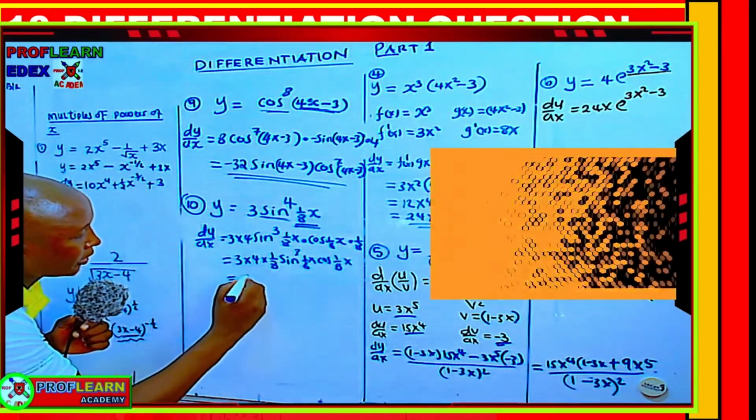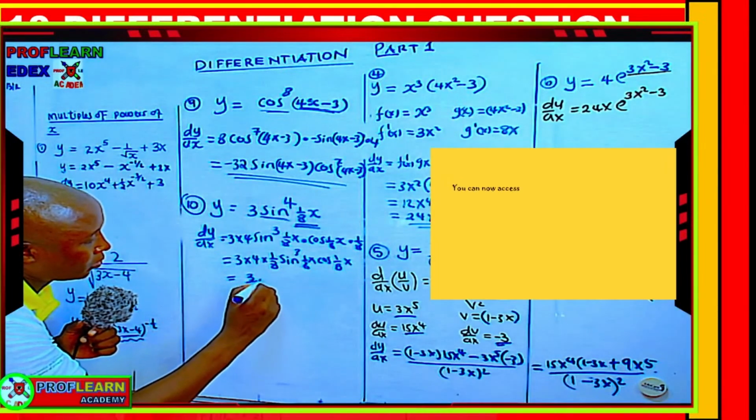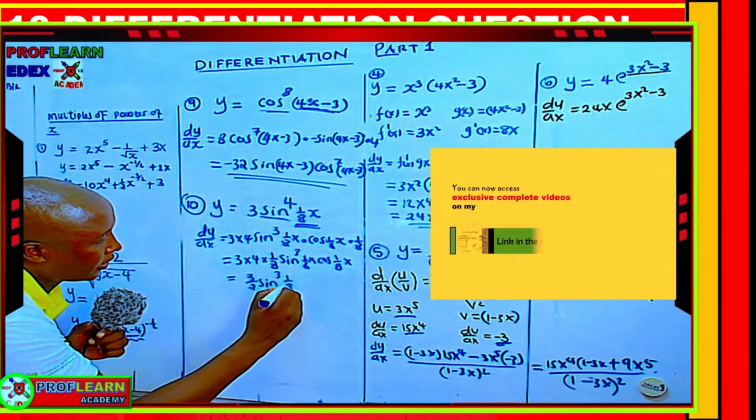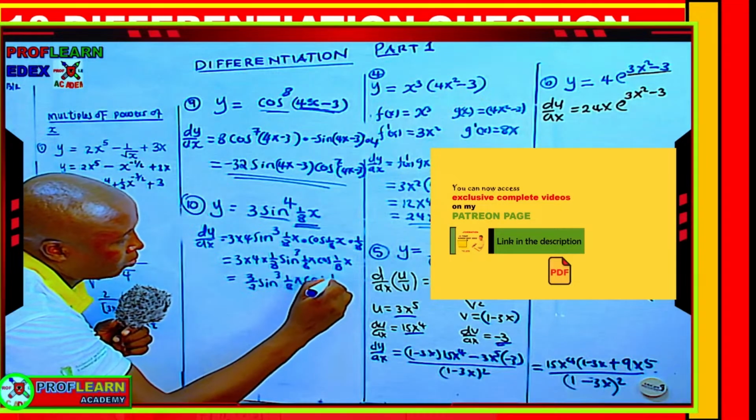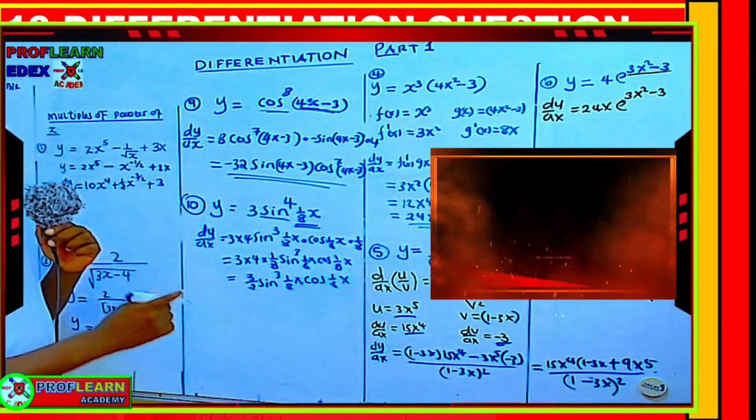Simplifying here, we are going to get 3 over 2 sine power 3, 1 over 8x cos 1 over 8x.